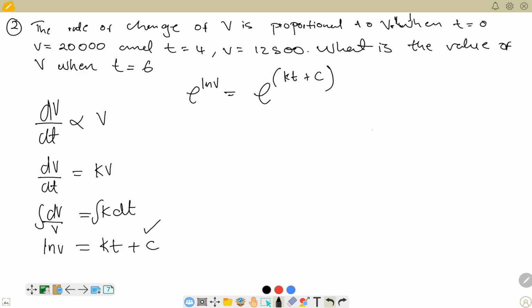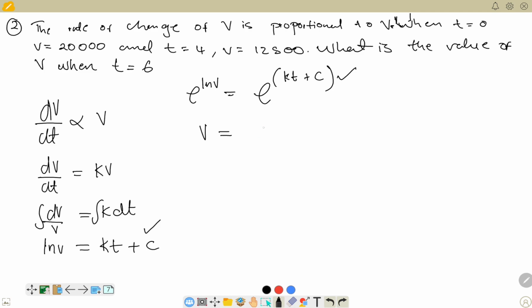Another misconception that students sometimes make is to say e to the power kt plus e to the power c when they introduce the exponential, which is not the right way to do so. You have to do it in this way, so that e to the power ln v will get rid of ln.